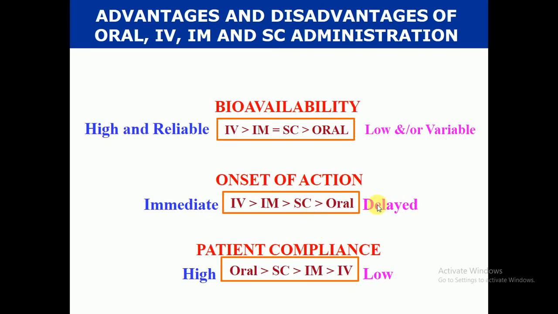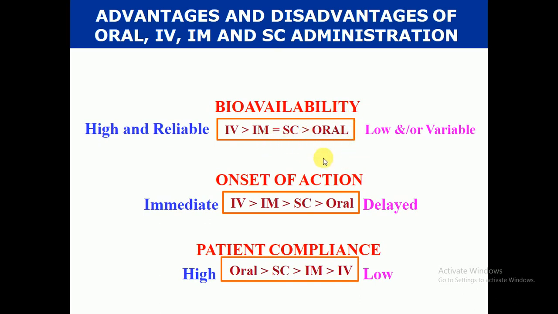Now look here, on the basis of bioavailability. I will discuss what bioavailability is, what bioequivalence is, and what therapeutic equivalence is. Bioavailability is the quantity or the amount of drug which is bioavailable. The bioavailability of the intravenous route, parenterals, is greater than IM, while subcutaneous is greater than oral.